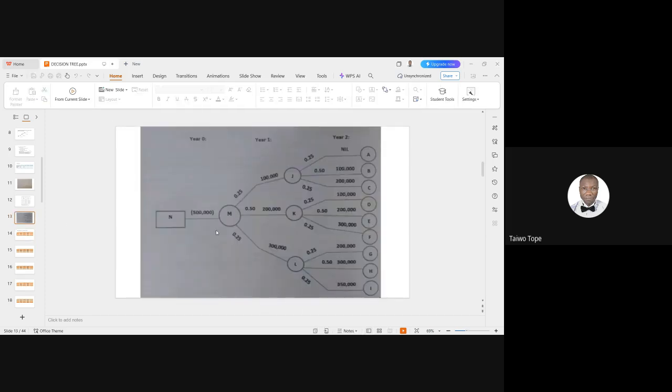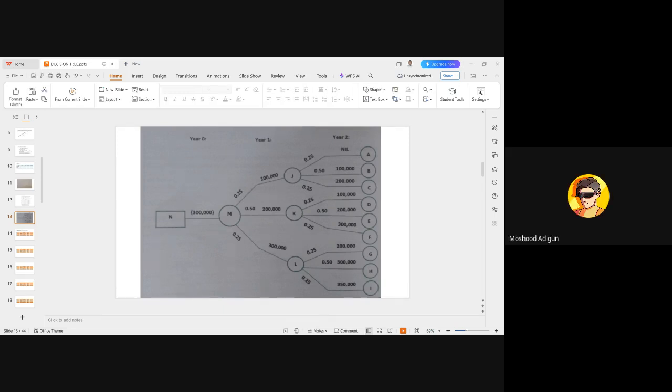So, ma, if you look at this diagram, you invest 300,000 at year zero, right? Madam Macaulay, are you there? Hello? I think the network threw her out.